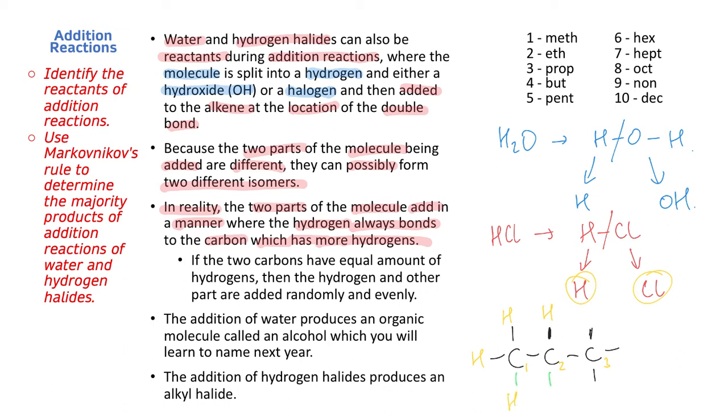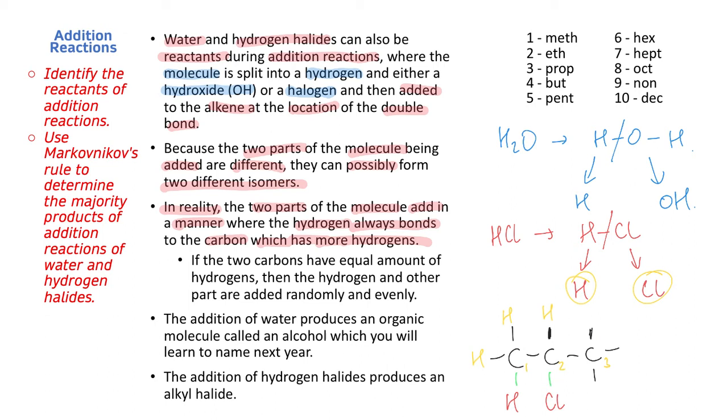So carbon number 1 will get the hydrogen, and carbon number 2 is going to get the chlorine. It's predominantly going to form 2-chloropropane rather than 1-chloropropane. It's always going to form in a majority, which is almost all of it, in that form.